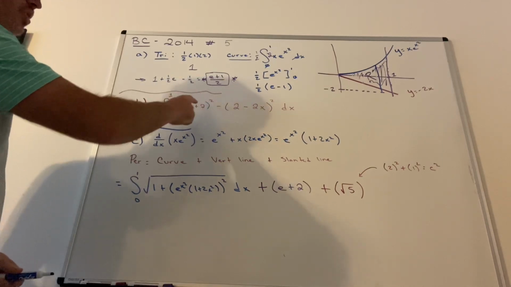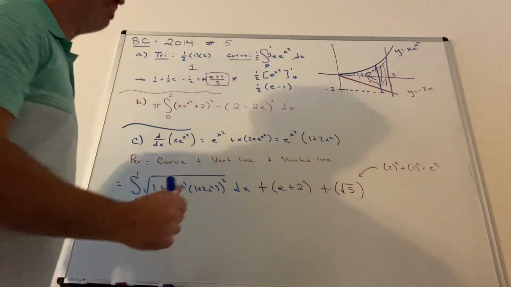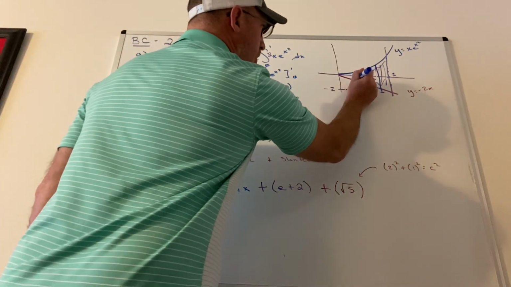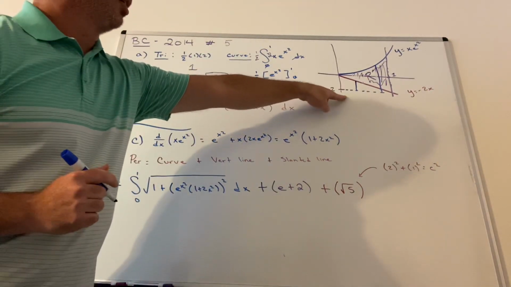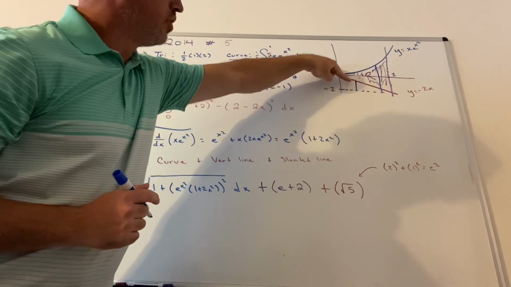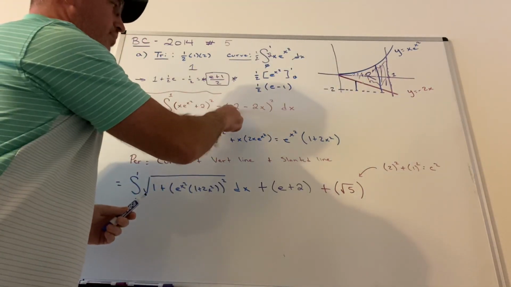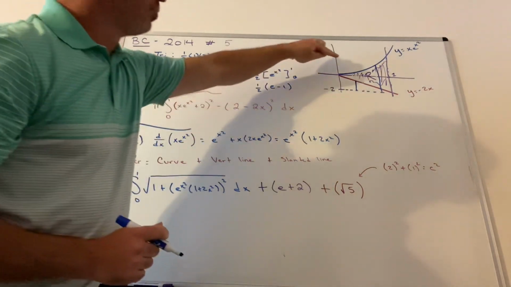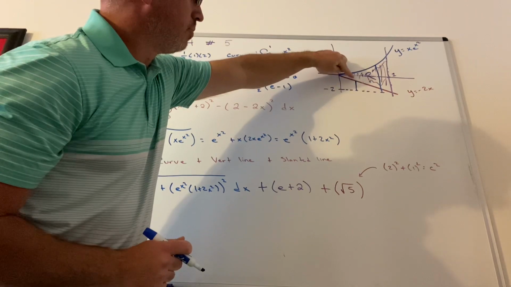Now, the hard part is subtracting away the white part right there, and you have to think about it a bit differently. We want to get rid of the distance that blue line is representing. The distance between here and here is 2. Then I want to get rid of the distance between the x-axis and the slanted line.